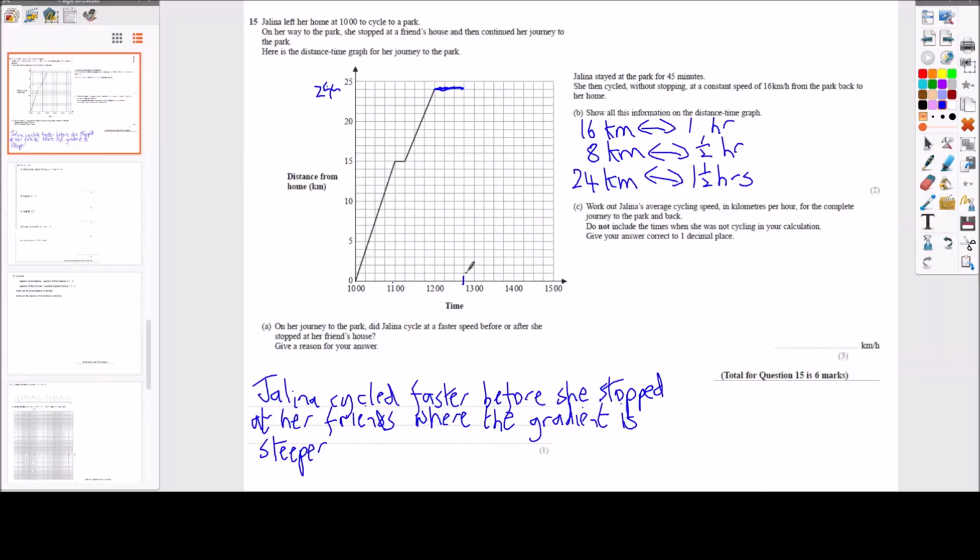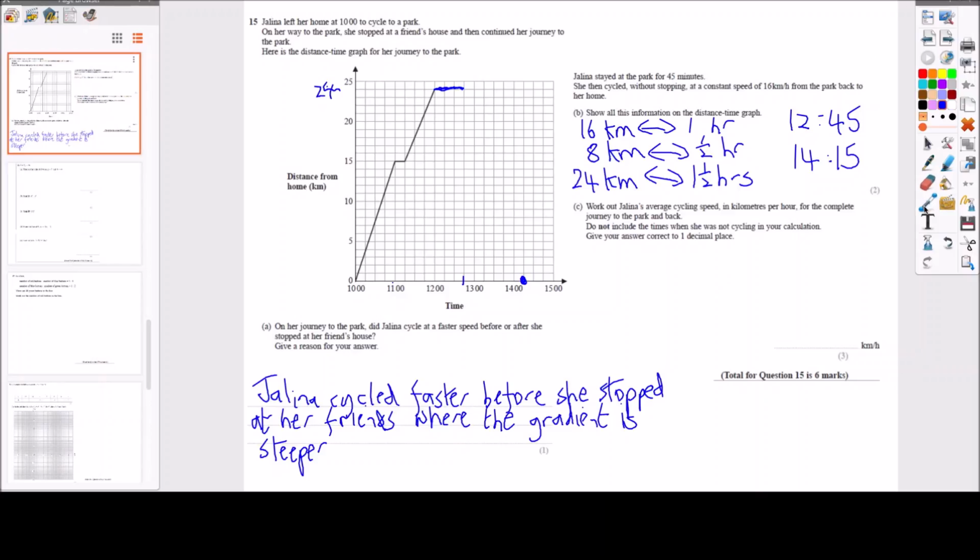So she starts heading for home at 12:45. It's going to take her an hour and a half to get home. So that's 14:15. So she gets home at 14:15, that's 1 square after 14. That's when she gets home.